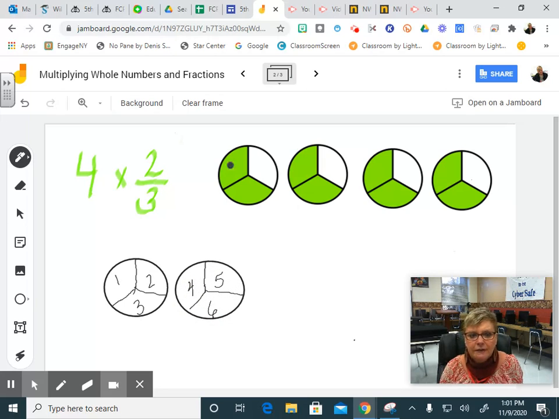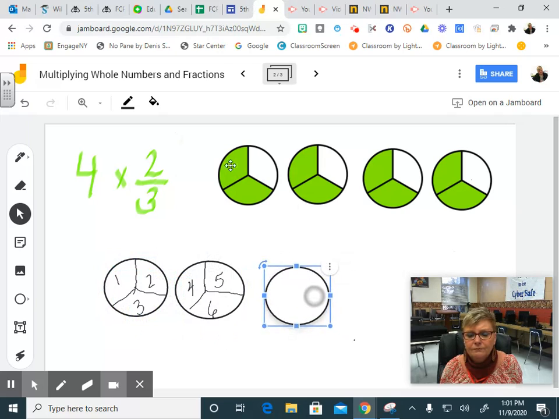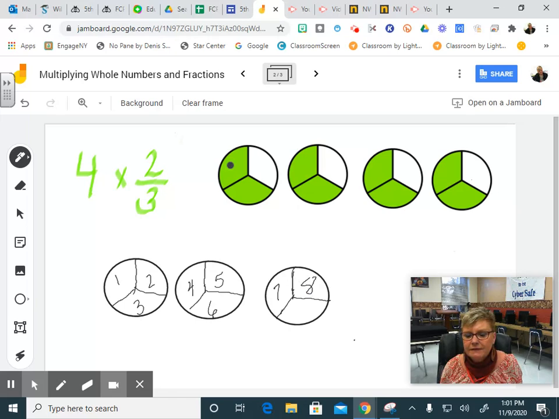I still don't have enough, so let's make another circle. Now 1, 2, 3, 4, 5, 6, 7, 8. So there's 8/3, or this is 8/3 kind of clumped together. So we've got 2 wholes and 2/3 left.